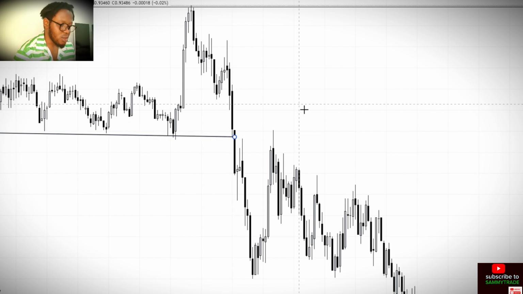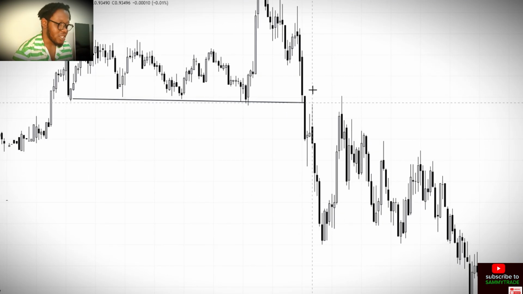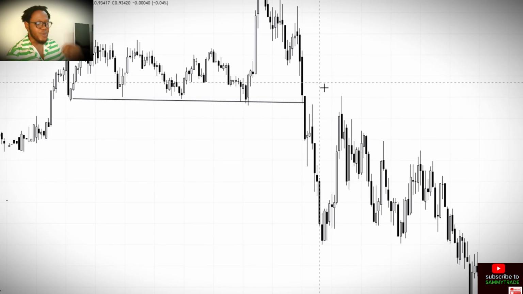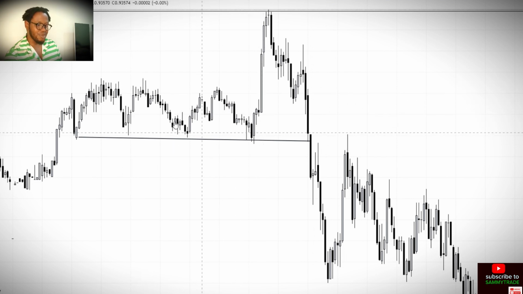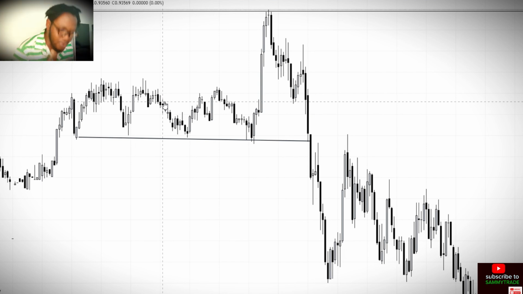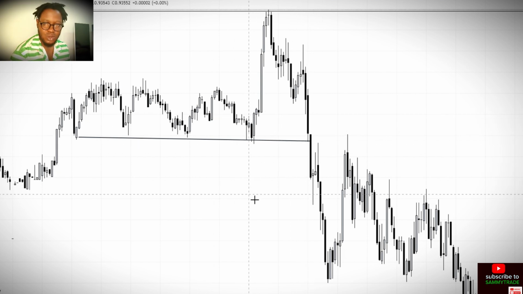So there was a change of character right here. Price pierced below with a lot of liquidity, guys. You see this choppiness, that price refuses to break below each other. If price was really serious about changing character, price would just pierce like this, closing below. But price did not do so.